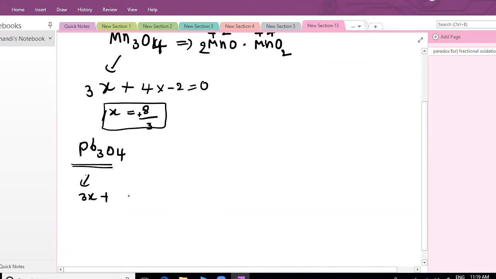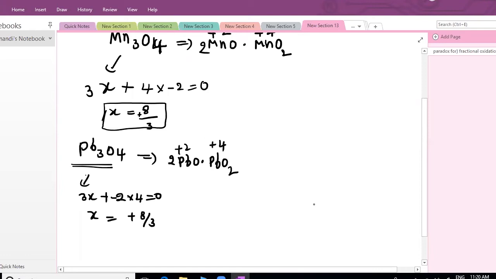It exists as 2 PbO, this is plus 2, plus PbO2 which is plus 4. And Fe3O4: here also 3x minus 8, so x equals plus 8 by 3.